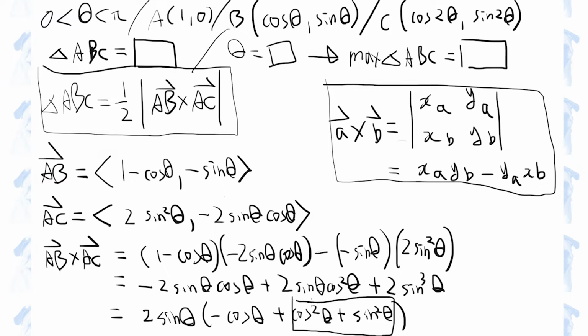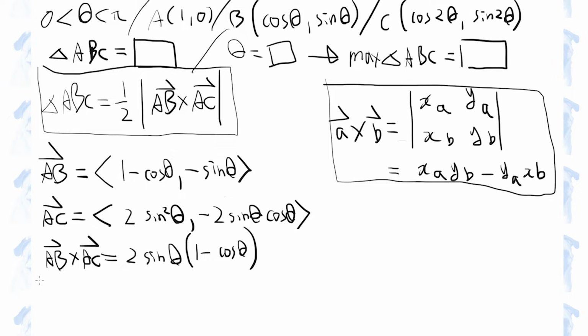Cosine theta squared plus sine theta squared is equal to 1. So the cross product of vector AB and vector AC is 2 sine theta times 1 minus cosine theta.